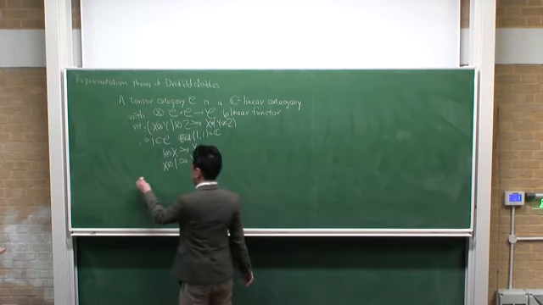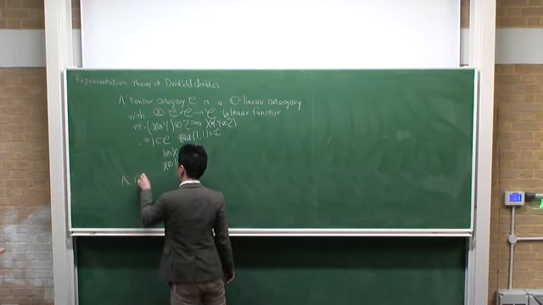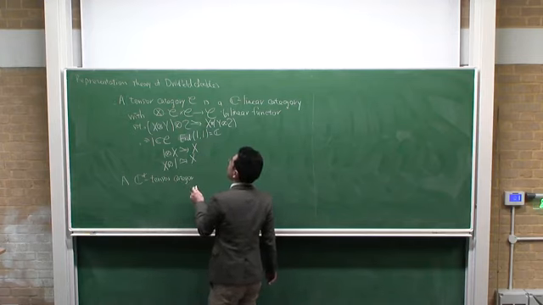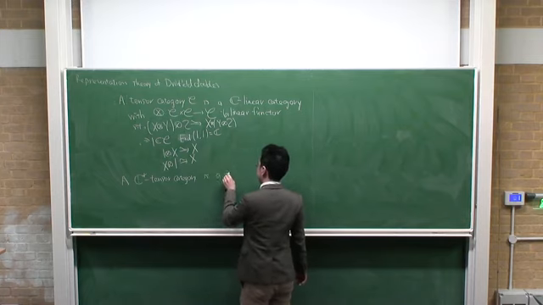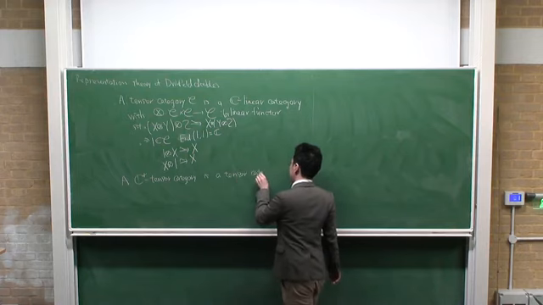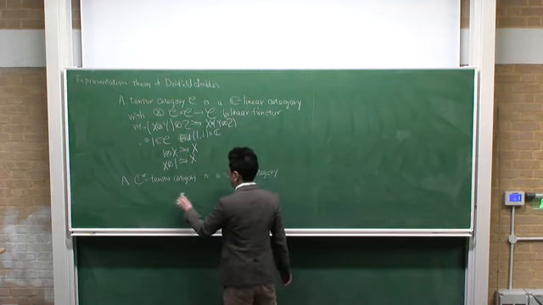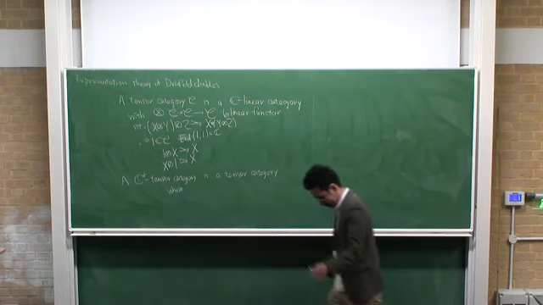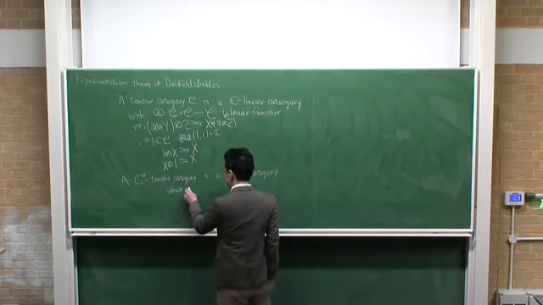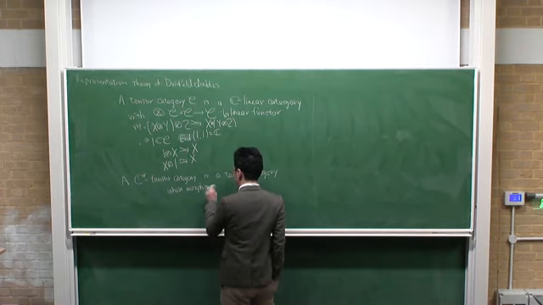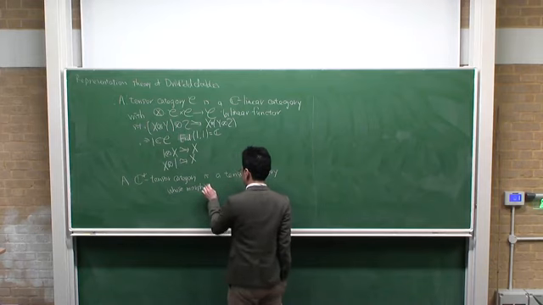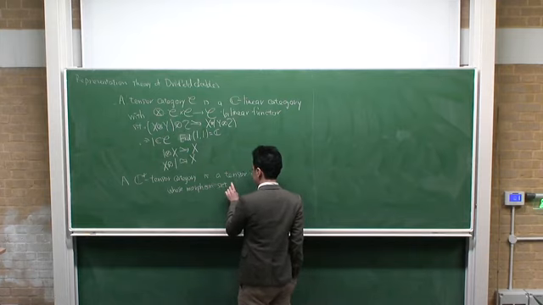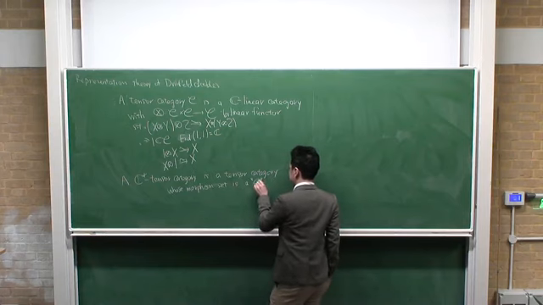And the C-star tensor category is a tensor category whose morphism sets are something like C-star algebras. So I need the concrete definition of this, but whose morphism sets are something like C-star algebras.